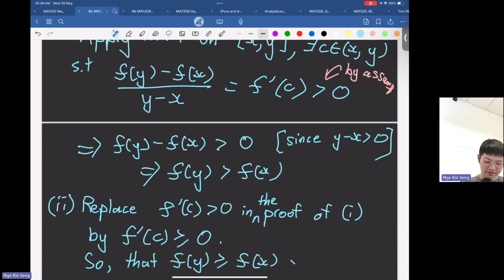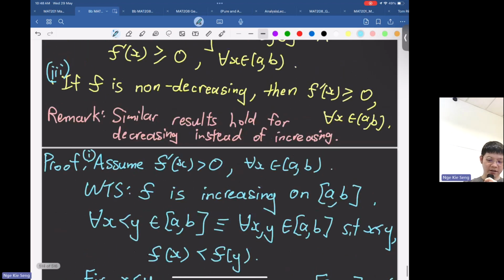Okay, how about the other direction? The other direction is a bit tricky. In this direction, if you know that your f is non-decreasing, then your derivative has to be greater or equal to 0. Okay, this part is a bit tricky. So how to show it?